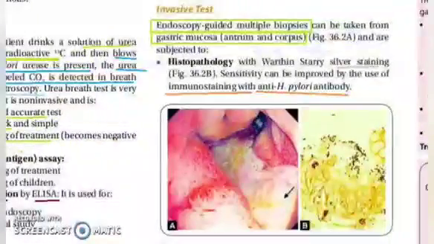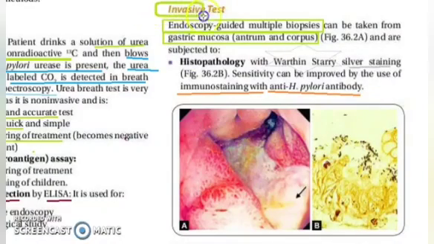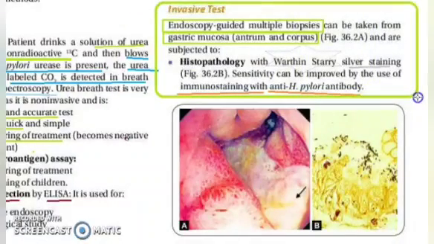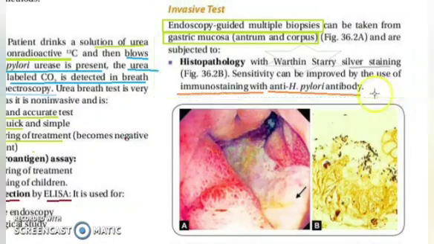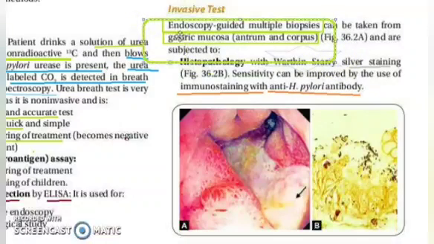Moving on to invasive test. Now, in invasive test, what happens? There is endoscopy. Endoscopy guided multiple biopsies. So, basically you will do endoscopy, right? There are multiple biopsies. You can take the gastric mucosa from the antrum and the corpus.